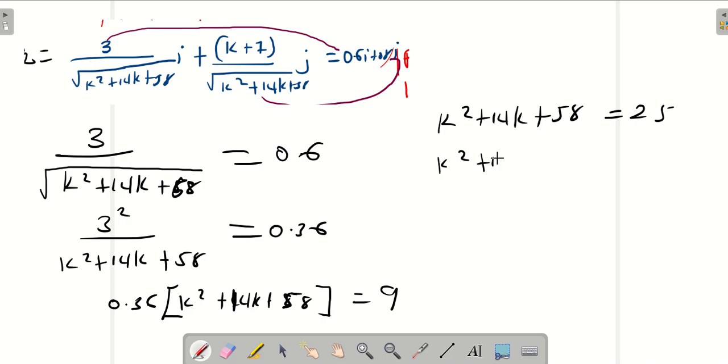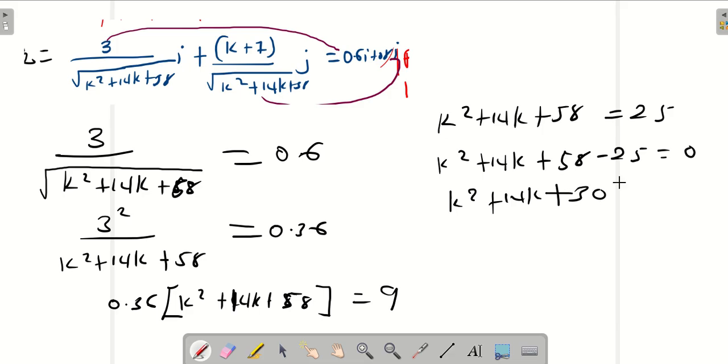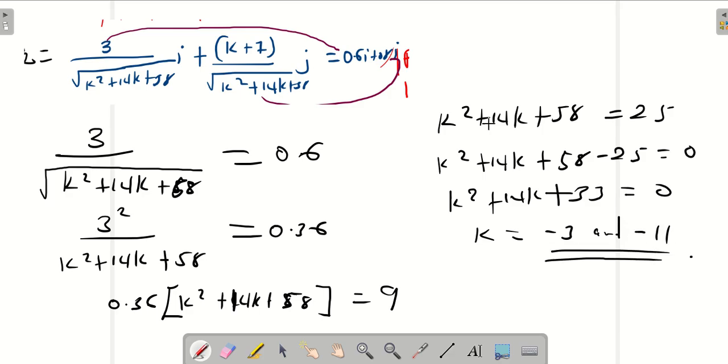So k squared plus 14k plus 58 minus 25 equals 0, and 58 minus 25 is 33. Okay, then you can solve this one. Is that right? What is k? k is equal to negative 3 and what? Negative 11. Well, you can also use the other one to solve, but you should get the same thing for k.